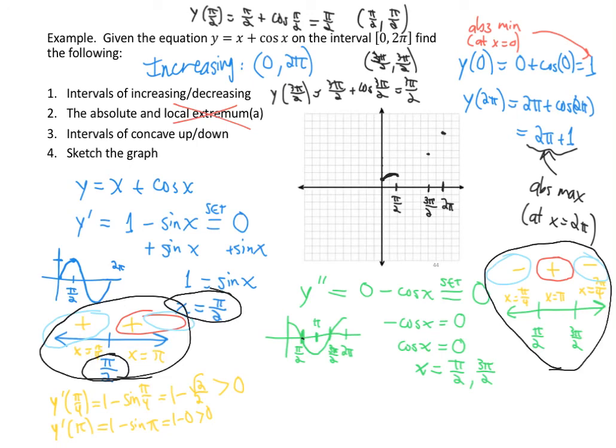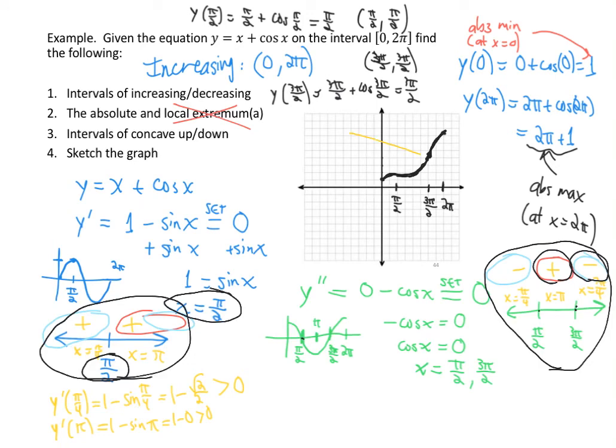So I should have a flat tangent line happening at x equals pi over 2. Between pi over 2 and 3 pi over 2, we have concave up. The function is still increasing. And then it changes to concave down after 3 pi over 2. So we get something like that.